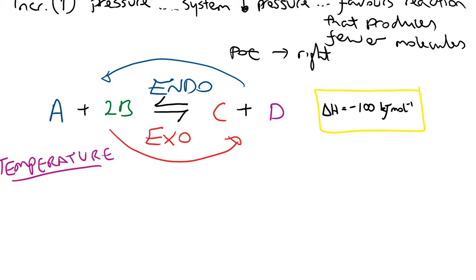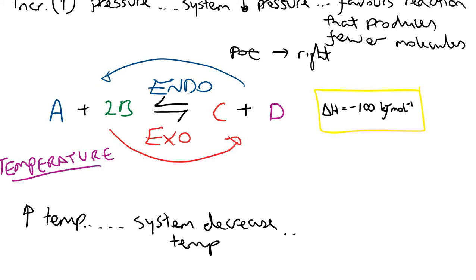Okay, so inside the yellow box here, if the delta H is negative, that means the forward reaction is exothermic and it releases energy. Let's have a look at the system now. If I increase the temperature in the system, well, according to Le Chatelier's principle, the system's going to look to decrease temperature. How does the system decrease temperature?